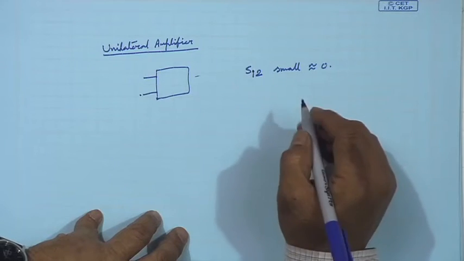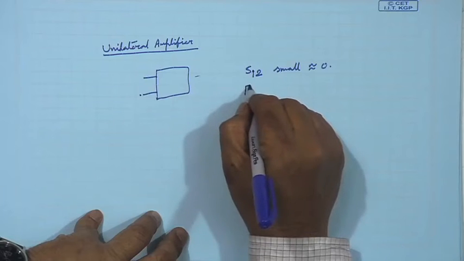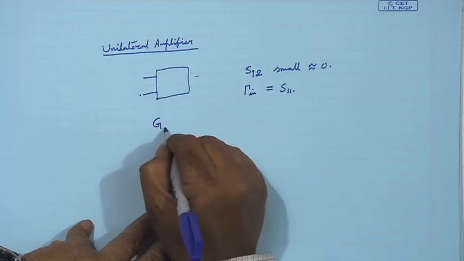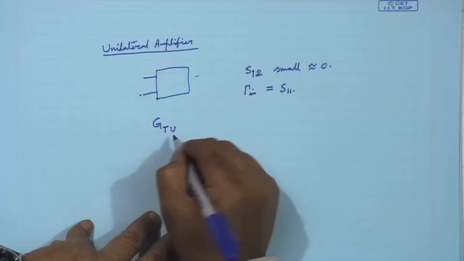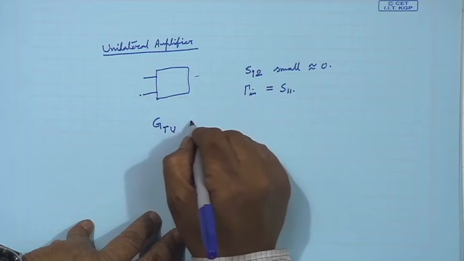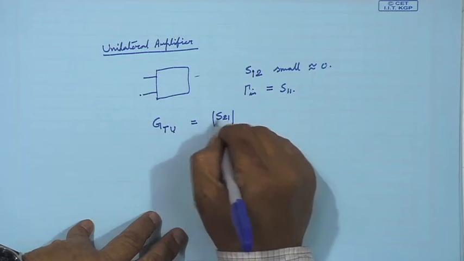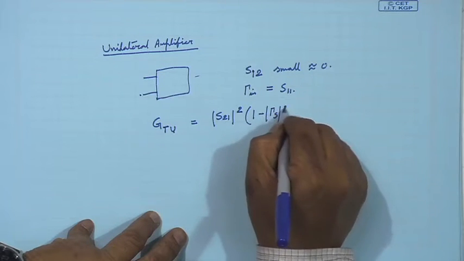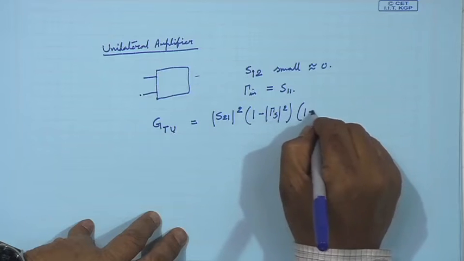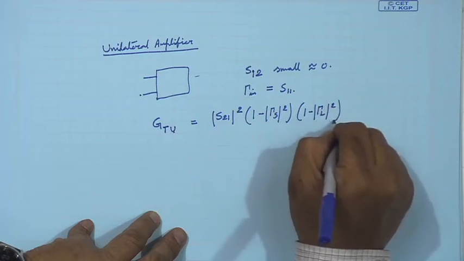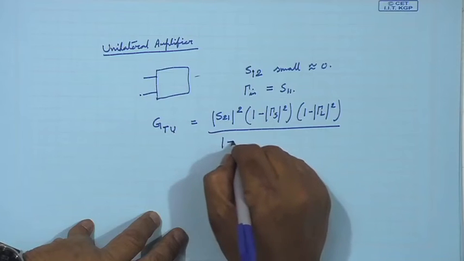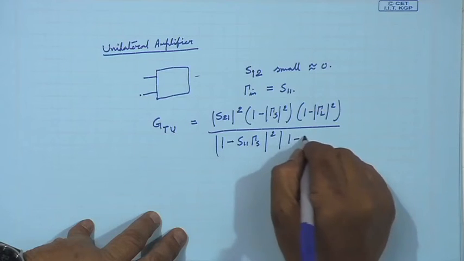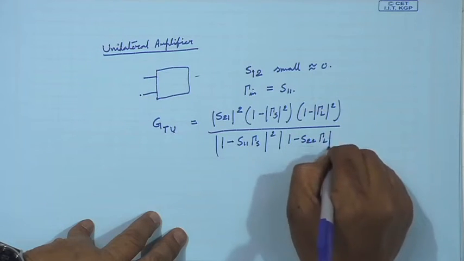So in this case gamma in is S11, and the transducer gain for the unilateral case will turn out to be S21 square, 1 minus gamma S square, into 1 minus gamma L square, by 1 minus S11 gamma S square, 1 minus S22 gamma L square.